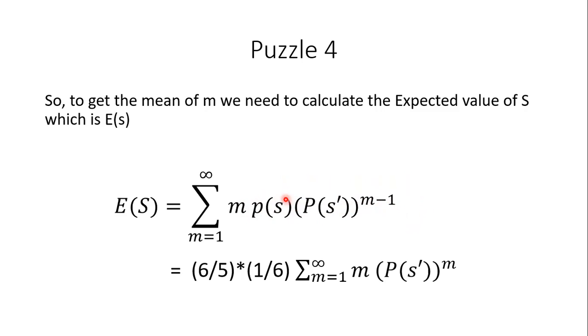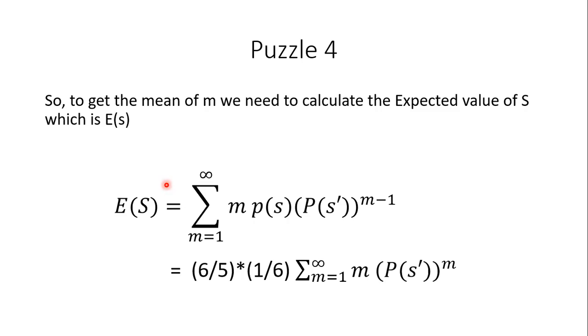P(S) denotes the probability of getting a 6, and P(S bar) denotes the probability of not getting a 6. We sum this product for m equal to 1 to infinity, and this value of E(S) will give us the average number of rolls needed to get a 6.